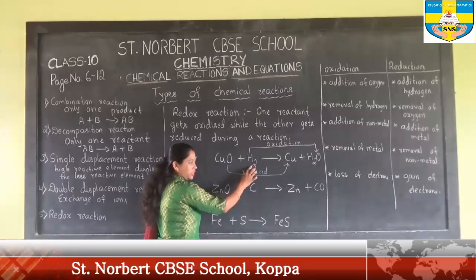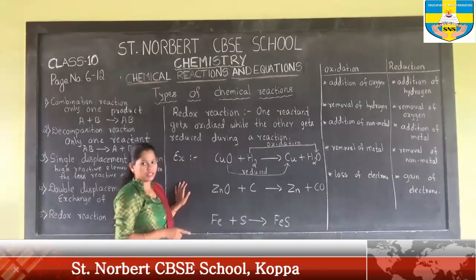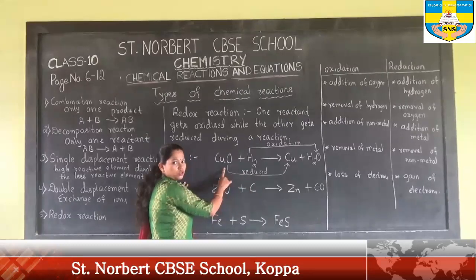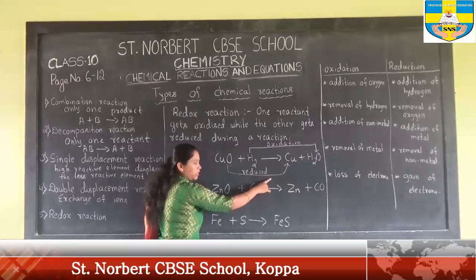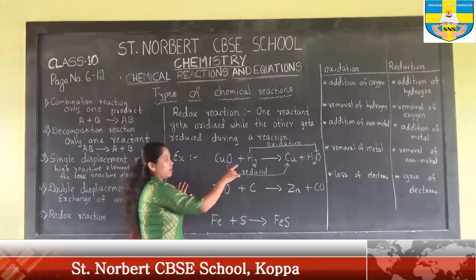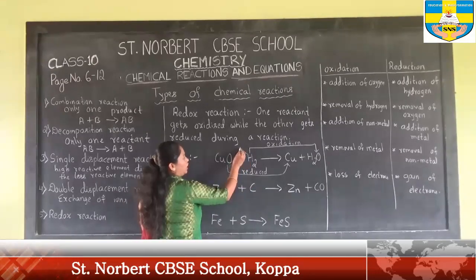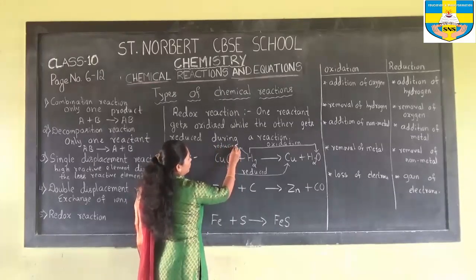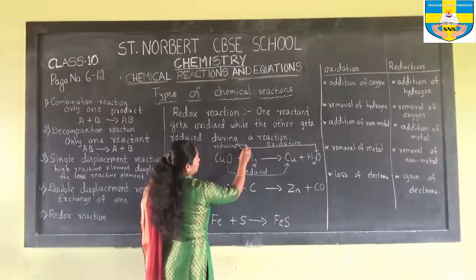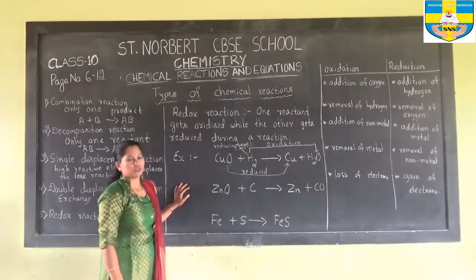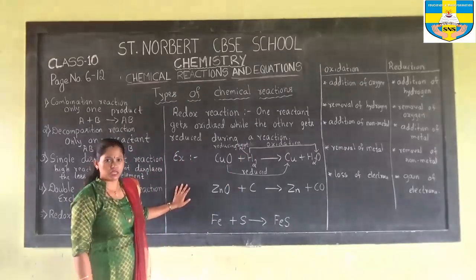So, the hydrogen is the reducing agent. CuO undergoes reduction by the help of hydrogen. So, the hydrogen is the reducing agent.